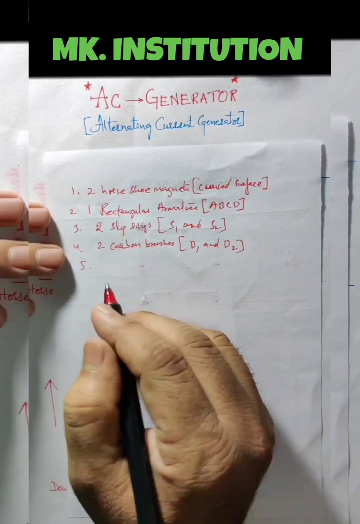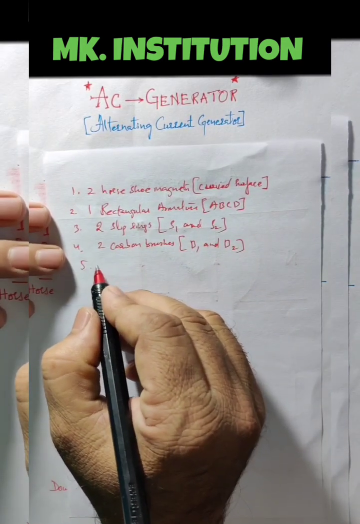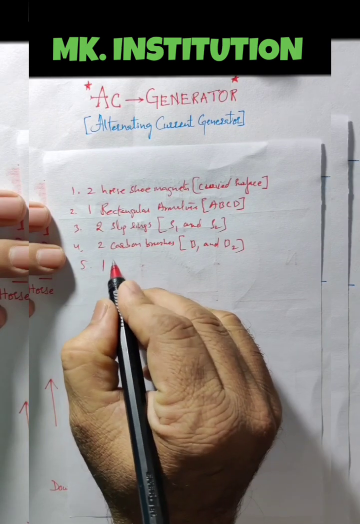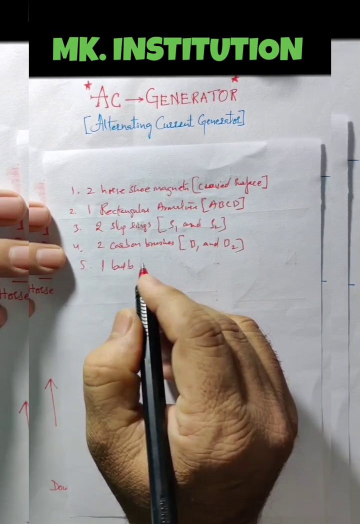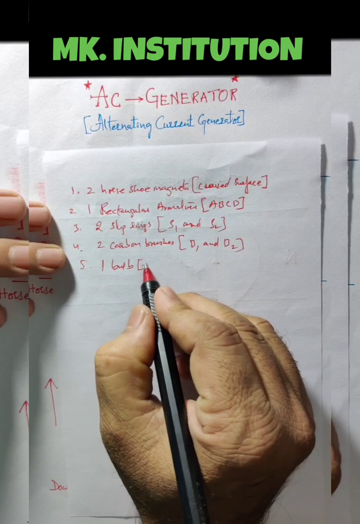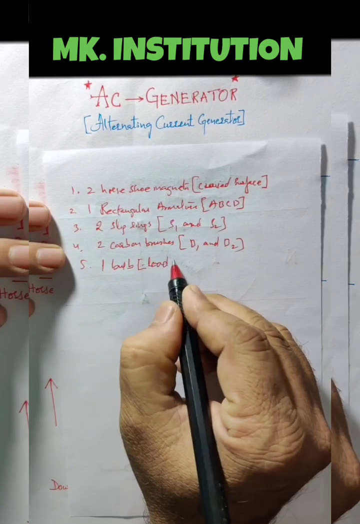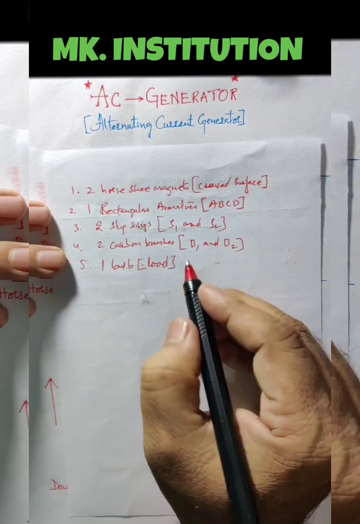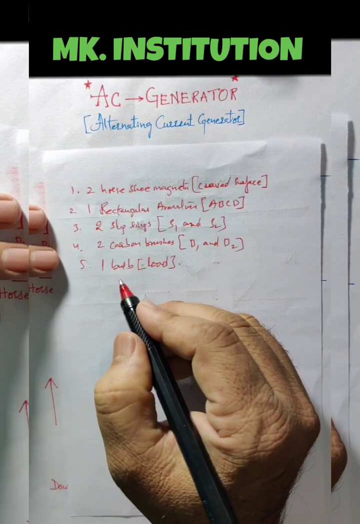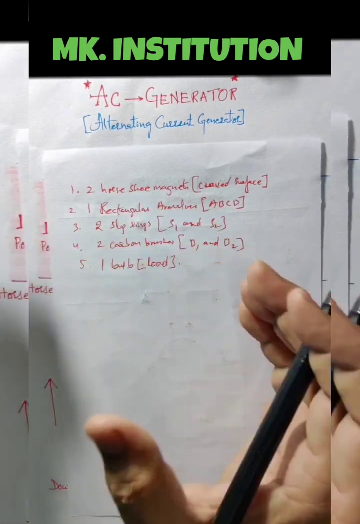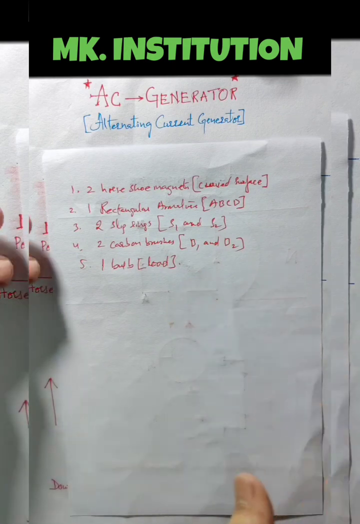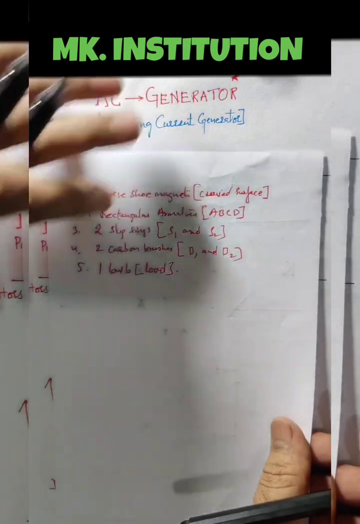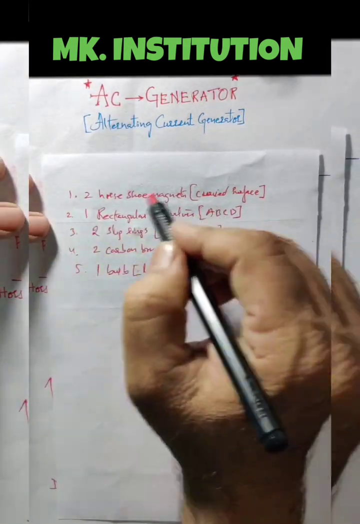And the fifth one, you can take any electrical appliance, one bulb. In this experiment it is called the load. Clear? These are the requirements to prepare an AC generator.